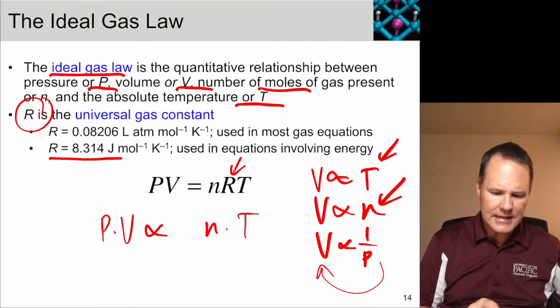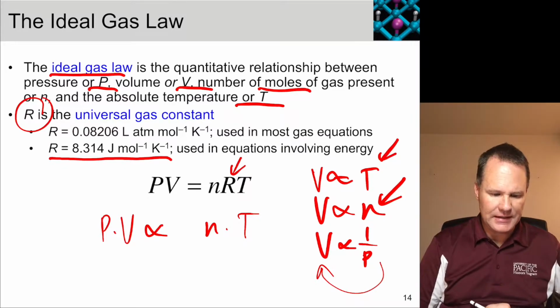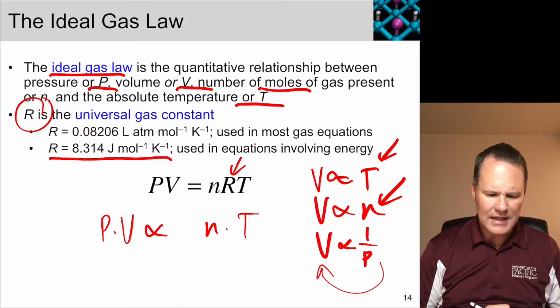And so the SI value would be 8.314, and let's talk a little bit about what is the unit for it. Okay, so the R is 8.314 joule over mole Kelvin. So how do we get joule when we don't see any energy related stuff here?